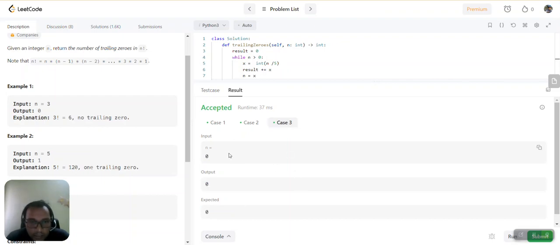In case 3 they have taken input as 0. Anyway, 0 factorial is 1, and since we have the condition n greater than 0, our loop won't even execute, and we are getting the same expected output.